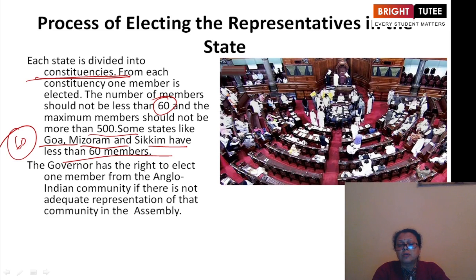It is known as nominated by the governor. So the governor has the power to nominate one member from the Anglo-Indian community. This way, the process of election of the representatives in the states takes place.